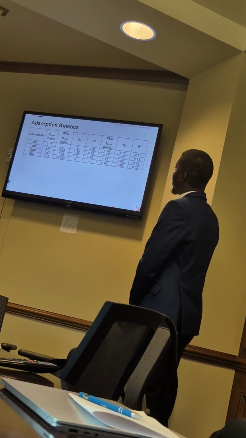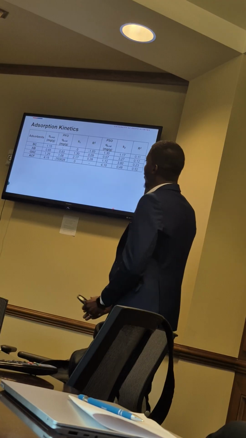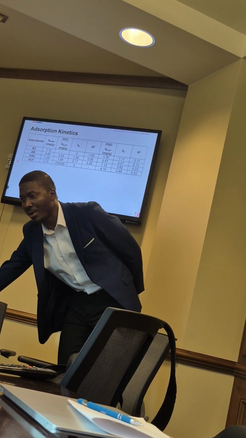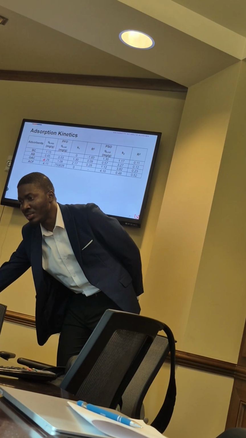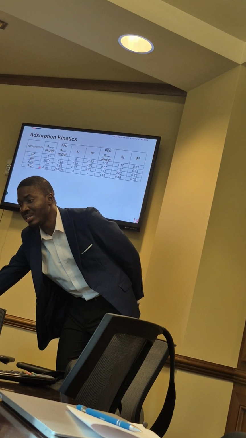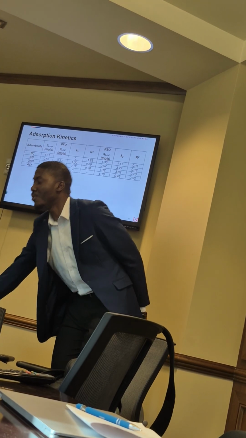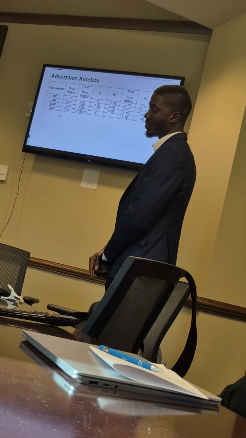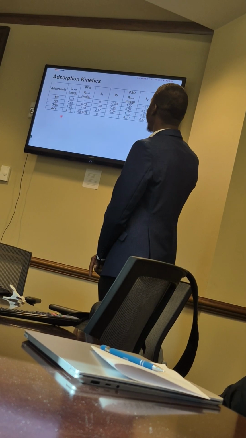Looking at our data for our adsorbents, what we first did was to find the experimental capacity of our adsorbents. These were what we calculated at the end of our experiment. And since we've determined that the PFO model didn't fit our data well, and we think the PSO fits our data, we are going with the PSO model.